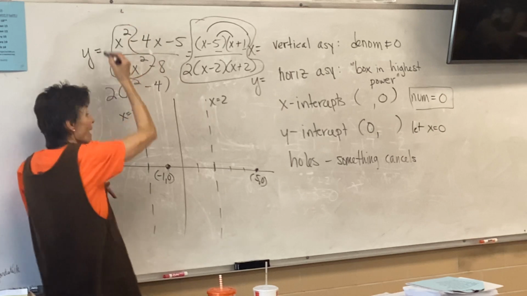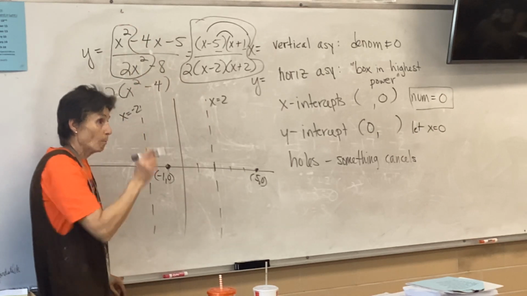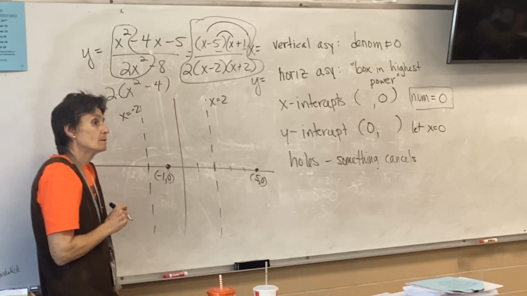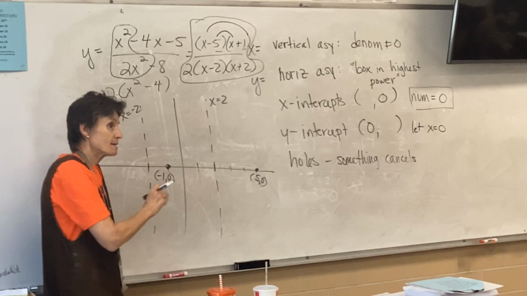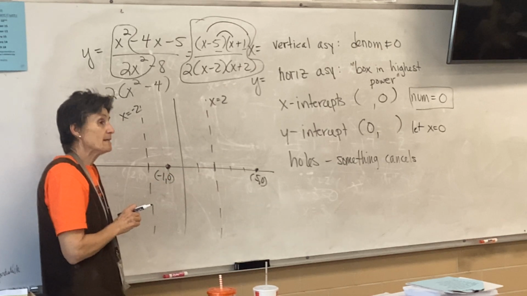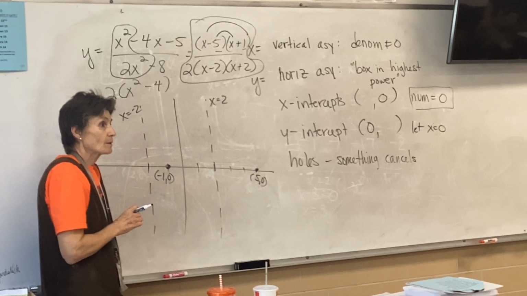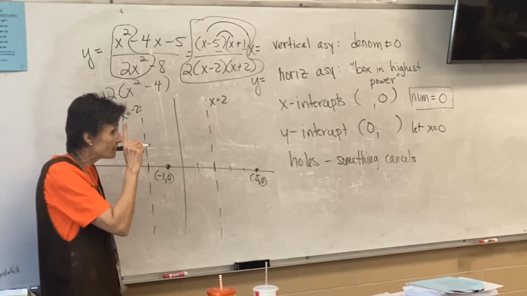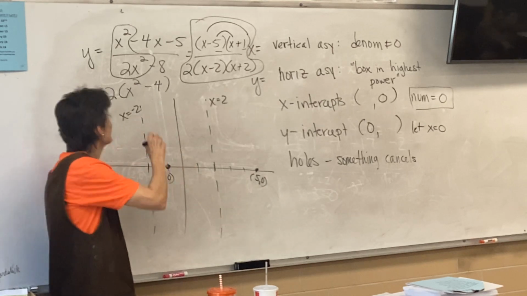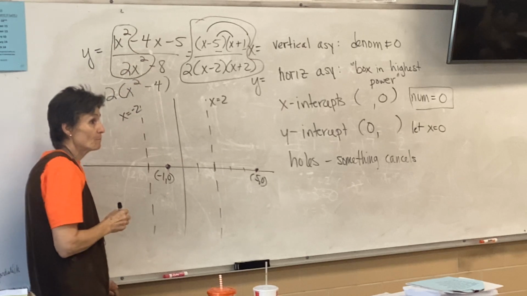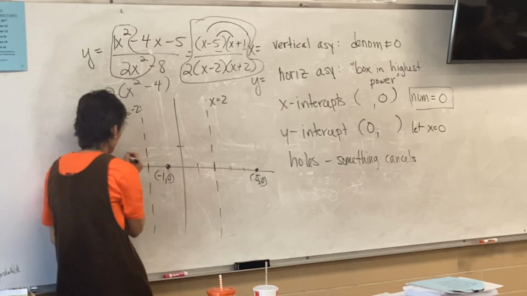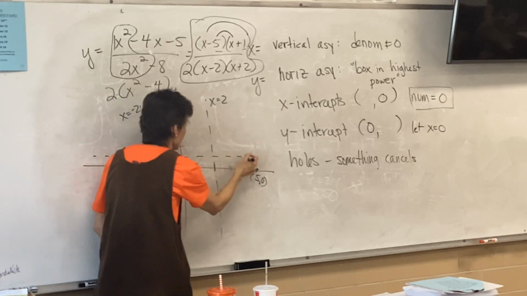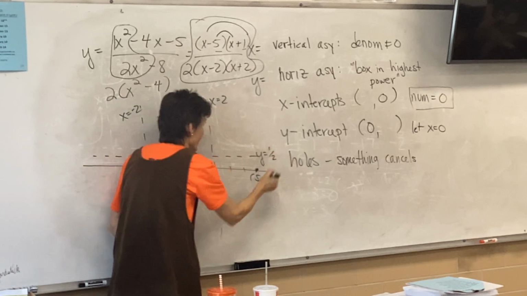Would you agree with that? So box them in. The x squareds will cancel out if you only look at the box, leaving you with what? Well, 2 in the bottom, but 1 in the top. Isn't that a 1x squared? So that's going to be 1/2. So my horizontal asymptote is y equals 1/2.